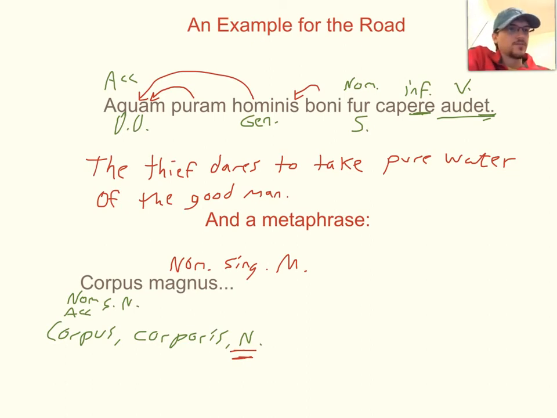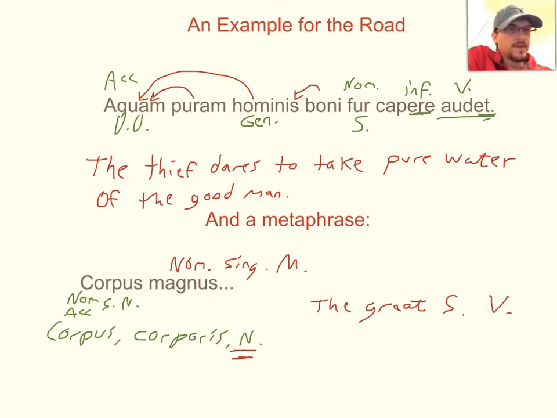In fact, we're pretty positive it is. But we still have to translate that adjective in our metaphrase. So we do it as an adjective. We would say the, let's say great instead of large, just for fun. The great subject. We don't have a verb.